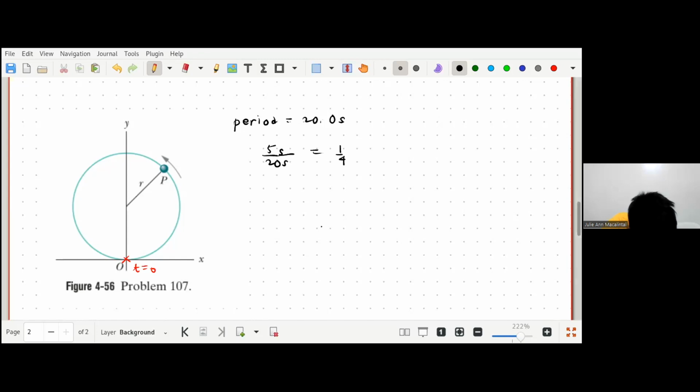This is 1/4. Yung 10 over 20, dahil mas madaling mag-compute, this is 1/2 of a period.